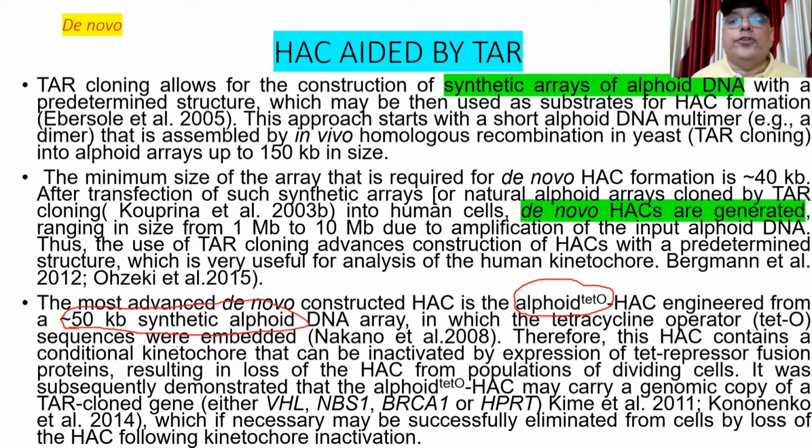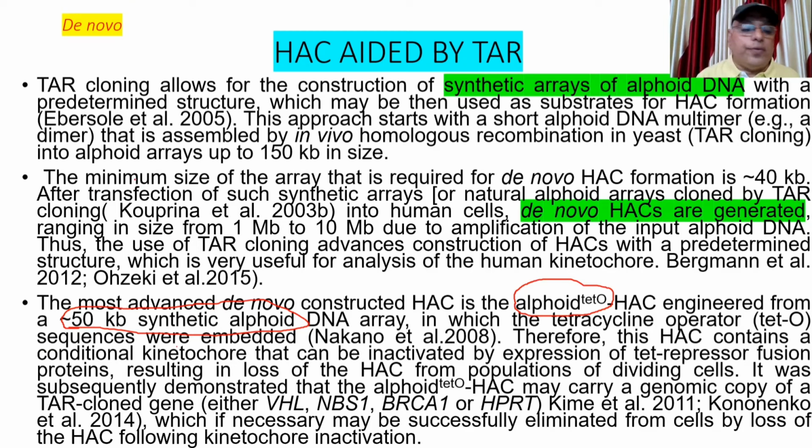So the de novo synthesis, as I am telling you repeatedly, is carried out by the first step, which is the introduction of a stretch of alpha satellite DNA, which acts as the nucleus for multimerization. So the most advanced construct is that alpha TET-O.